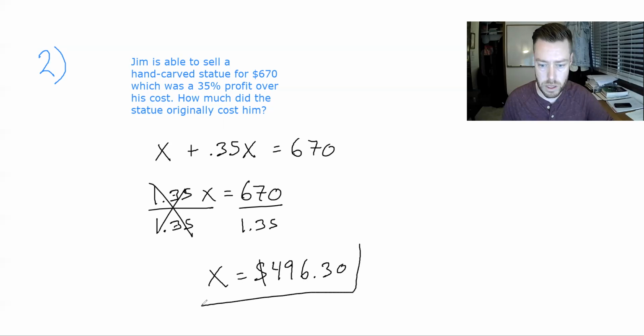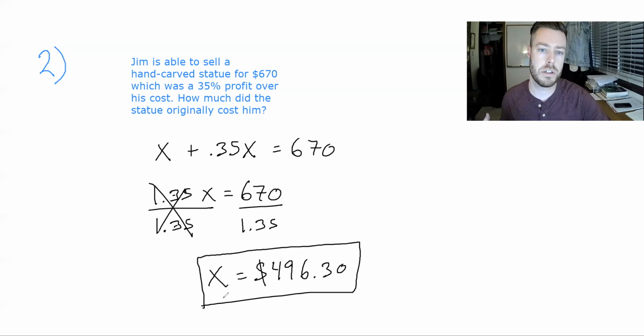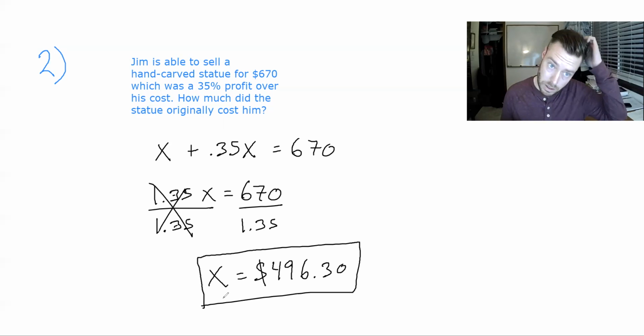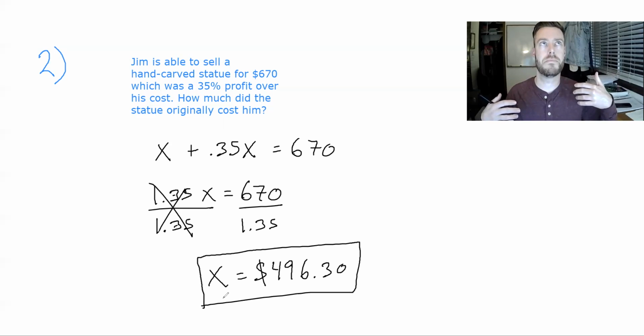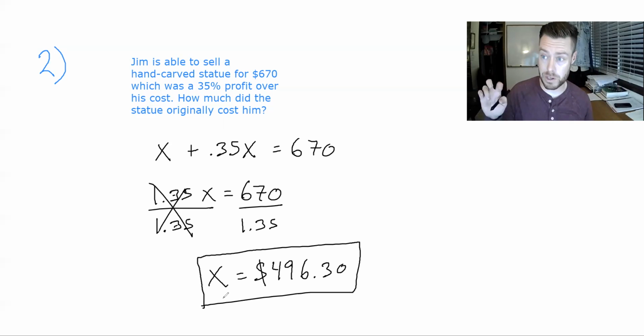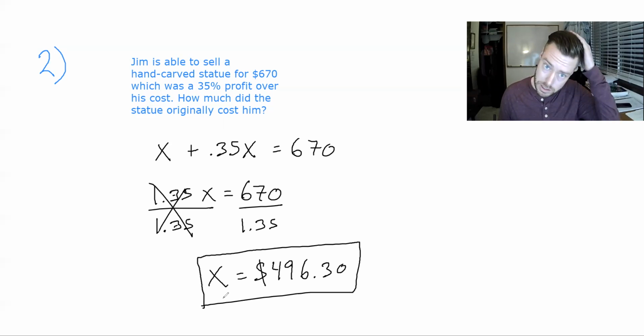Excellent. So this is what the statue basically originally cost, if that makes sense. The 670 is what he sold it for. If you take the difference, that is his profit, right? So not too bad.